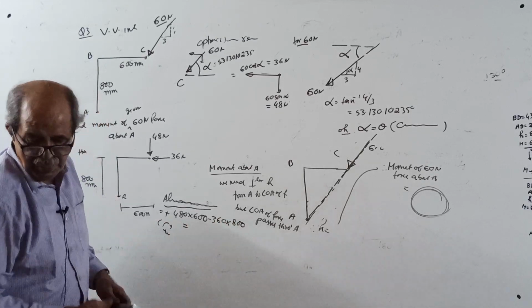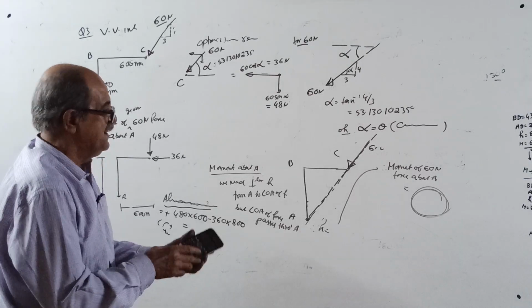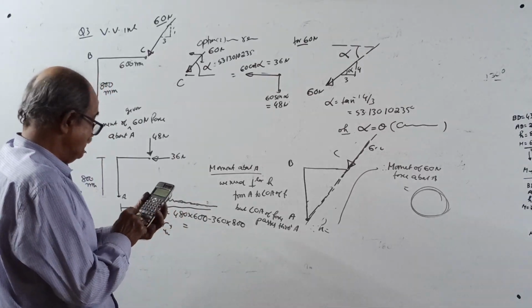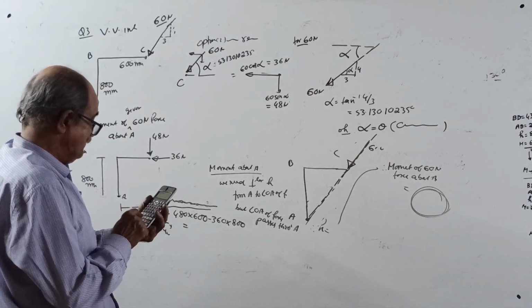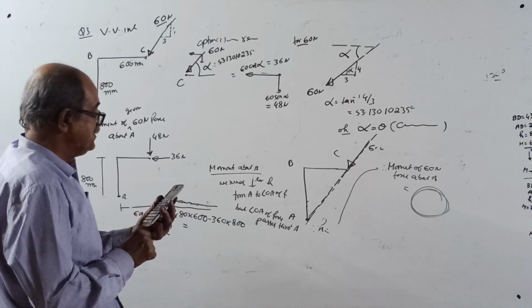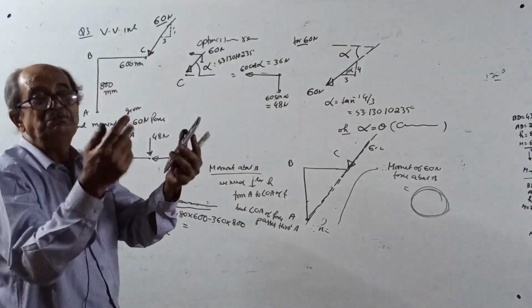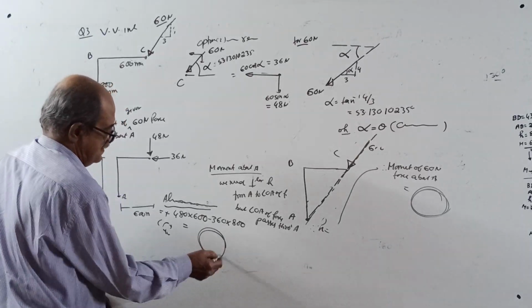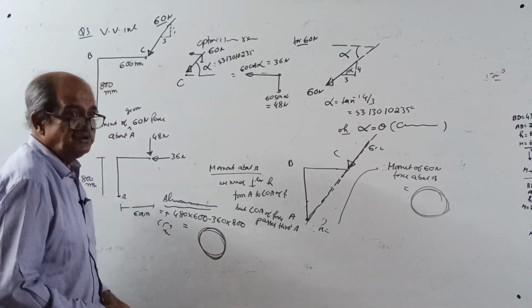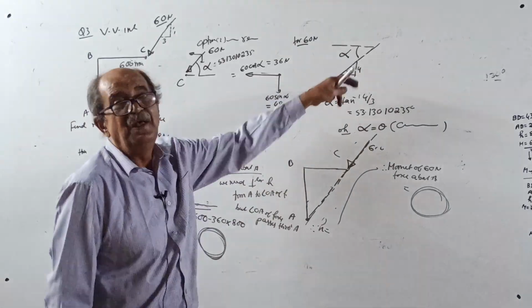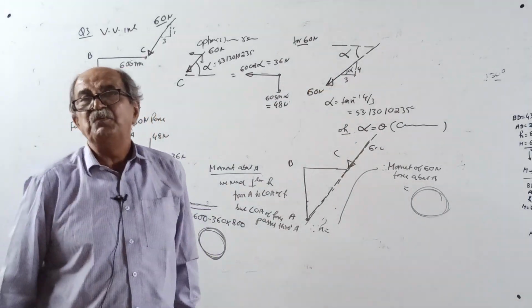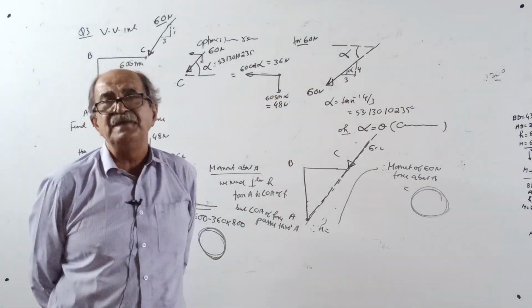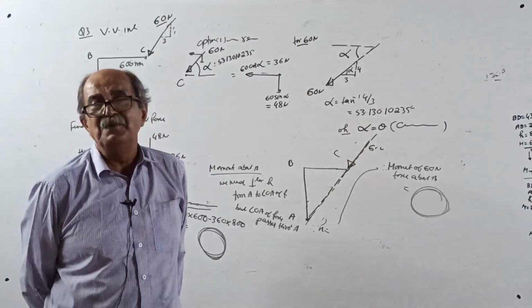I know the answer; I set the question. The calculator is not responding. It is 0. It has to come 0, because even after resolving, if some moment comes for the original force by basic principle, the same should come here.